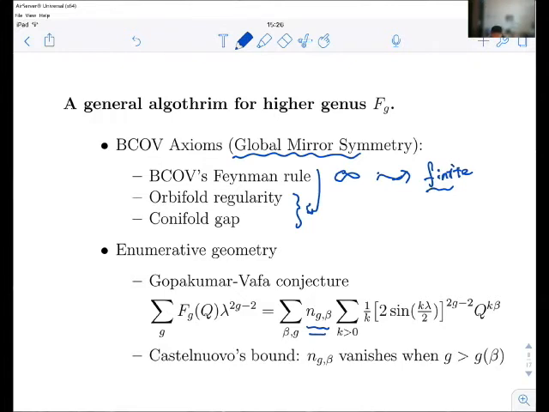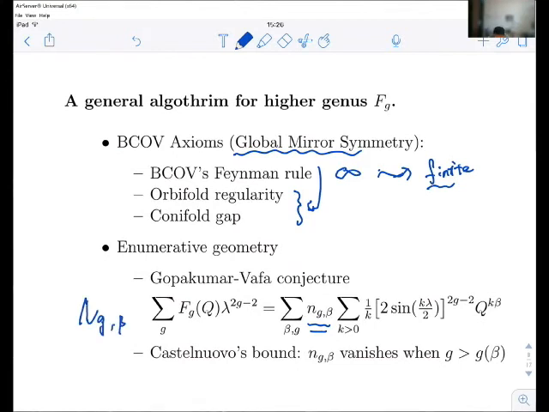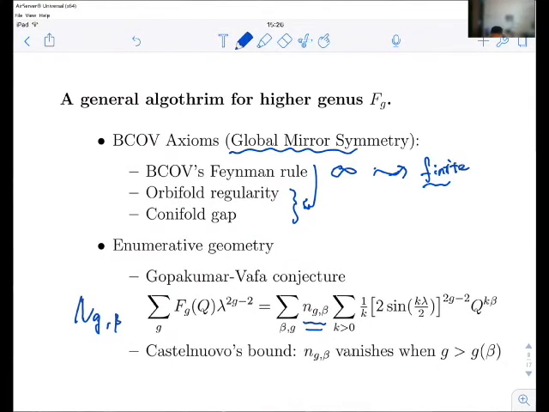This is the Castelnuovo bound. If we assume this, the Gopakumar-Vafa conjecture means that we have an invertible transformation, transferring those big n_g,d to small n_g,d. This transformation is invertible, and we assume these small n_g,d are enumerative invariants. Then they should have some degree bound, and this degree bound will give us some constraints on those F_g.